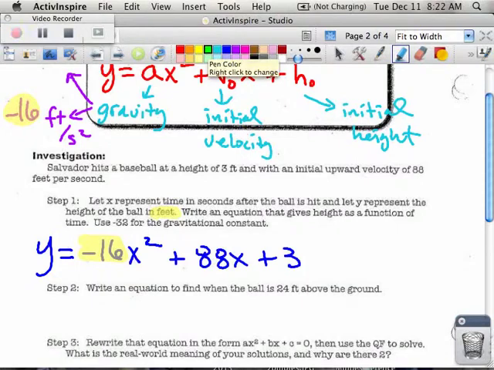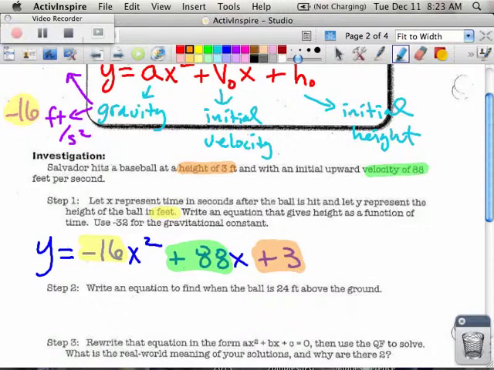Second, they tell me that the velocity that I hit the ball with was 88 feet per second, and that's why I have a positive 88 in front of the x. And then finally, they tell me that the ball was hit when it was 3 feet off the ground. That's my starting height, and that's why I have the positive 3 here.